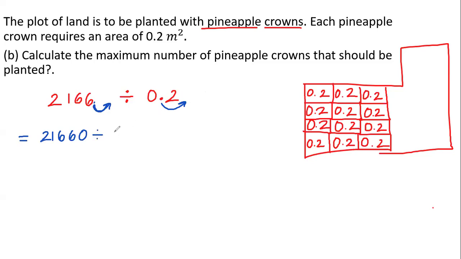That becomes a much simpler calculation, because now we just divide by 2. And so we have 2 into 2,166.